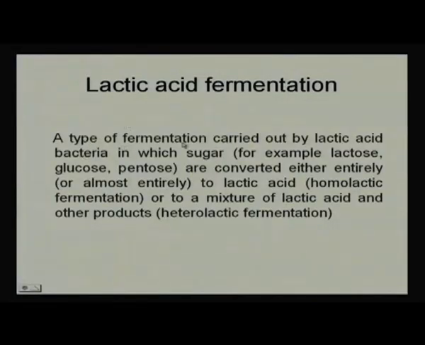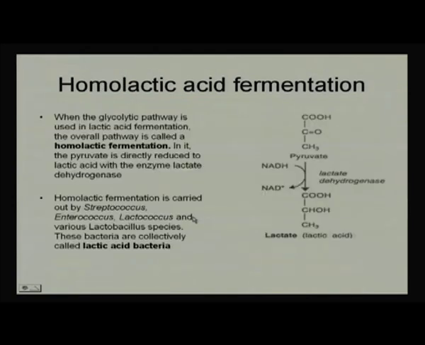This is a type of fermentation which is carried out by lactic acid bacteria, in which sugar, say for example lactose, glucose or any pentose sugars are getting converted either entirely or almost entirely to lactic acid, and when such type of conversions are there, we are calling this type of conversion homolactic fermentation, or sometimes we can also go for the mixture of lactic acid and some other product which we are calling heterolactic fermentation.